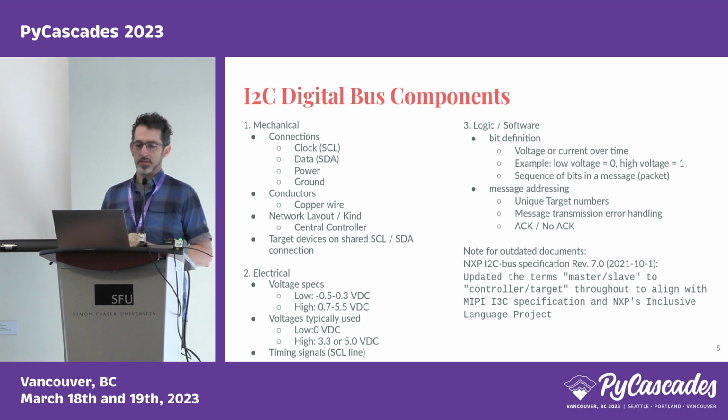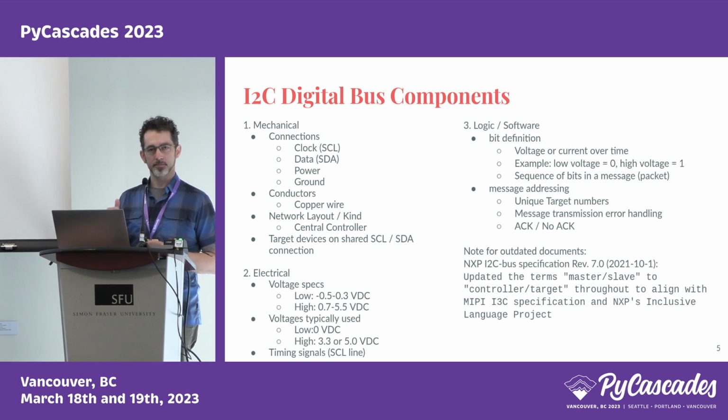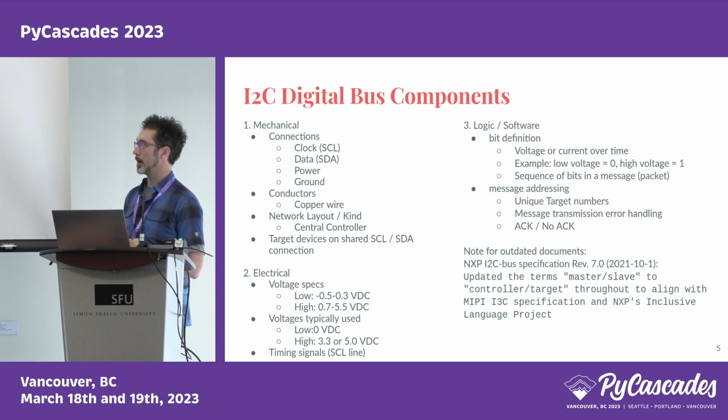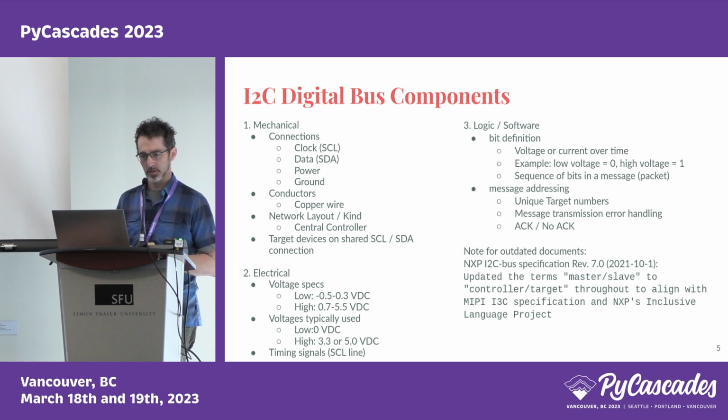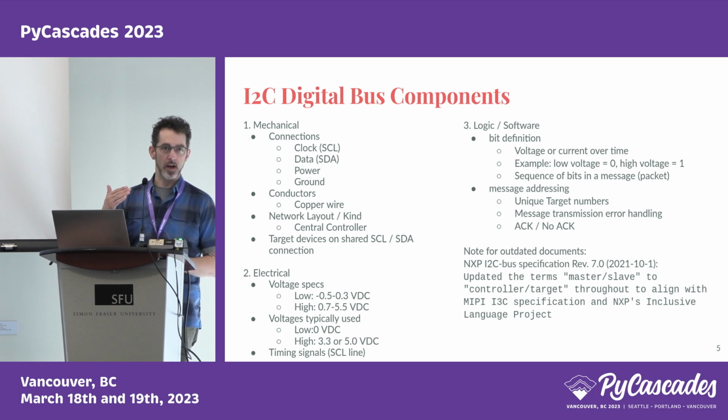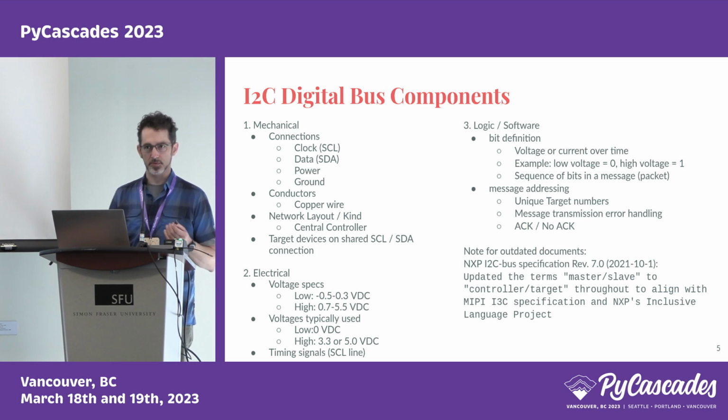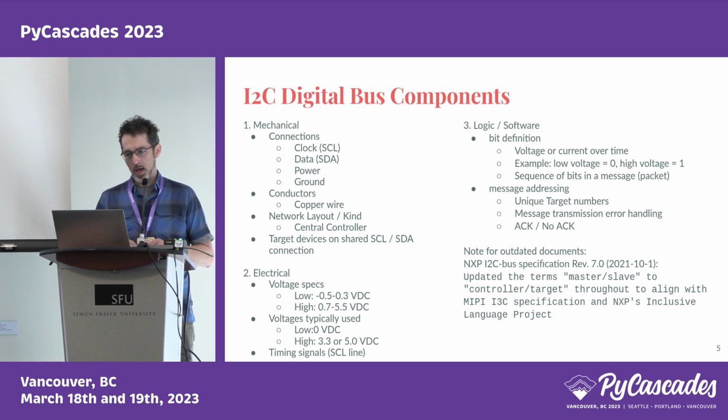So, some nitty-gritty details here. Mechanical, electrical, and logical. I covered a little bit of the connections there in the previous one. The connectors are just typically copper wire. The target devices, like I said, all share the same wires. Electrically, the voltages for a 0 would be 0 volts, and then 3.3 or 5 are typically the voltages that are run, because those are the typical voltages we see on computers and microcontrollers.